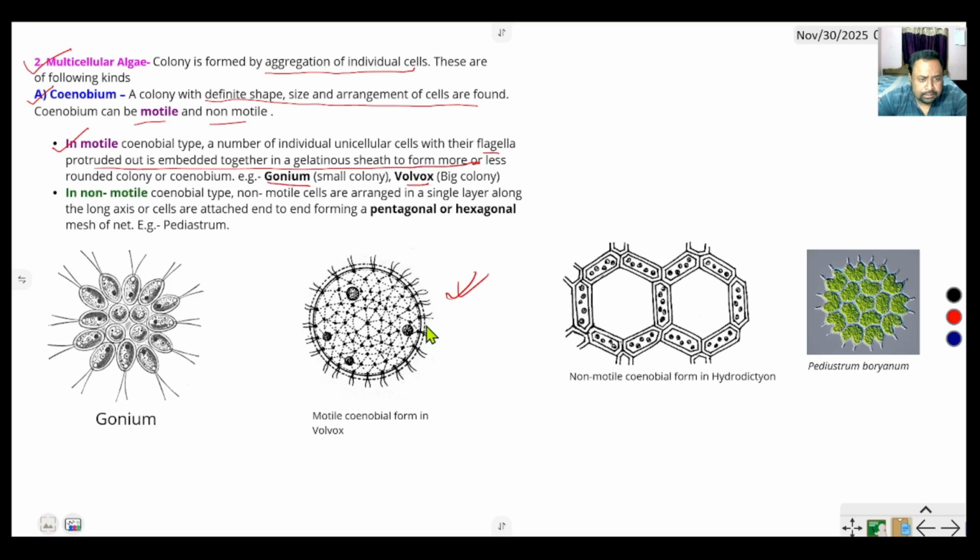Such a gelatinous sheath is produced during unfavorable conditions like drought. In non-motile forms like Hydrodictyon and Pediastrum, no flagella are present. They are pentagonal or hexagonal in shape, like Pediastrum.